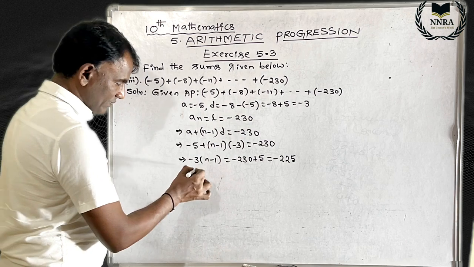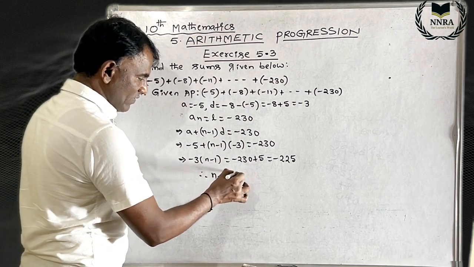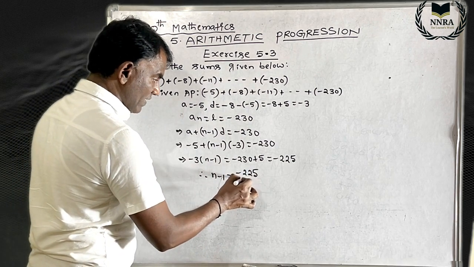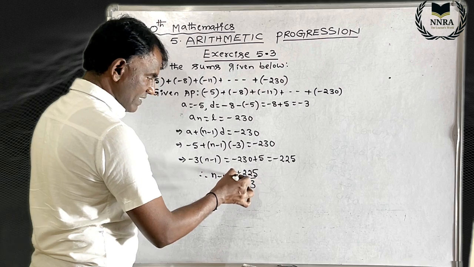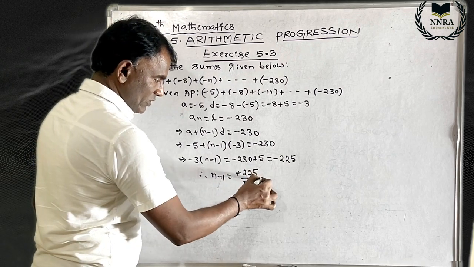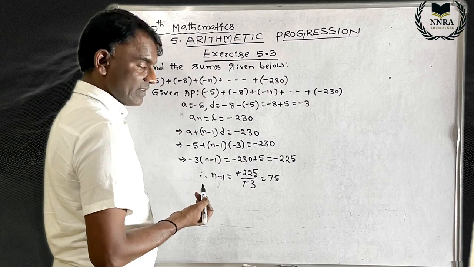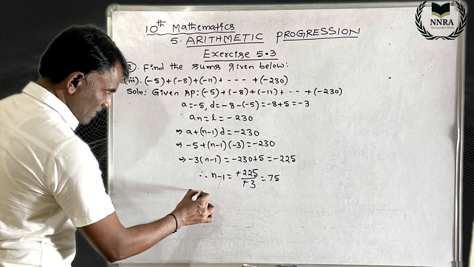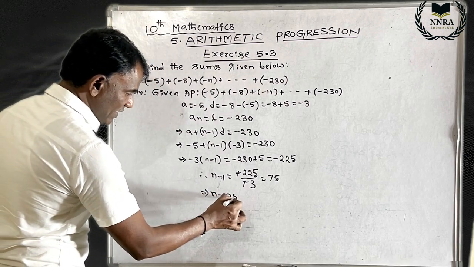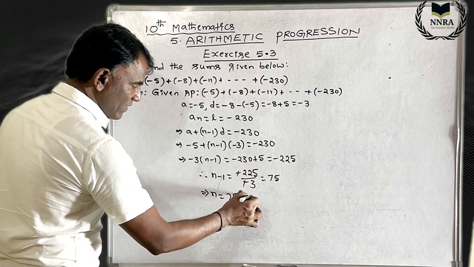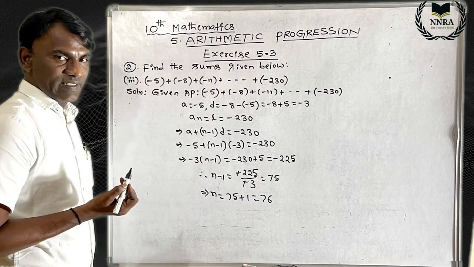Right? Now n minus 1 equals minus 225 divided by minus 3. So minus minus cancelled. 3 7s are 21, then 15, 3 5s are 15. Clear? Now n equals 75. If you write minus 1 that side, we get plus 1, that equals 76.